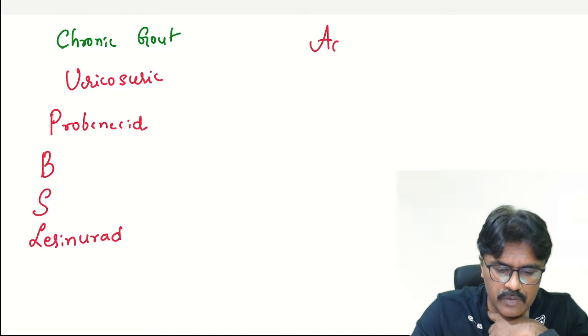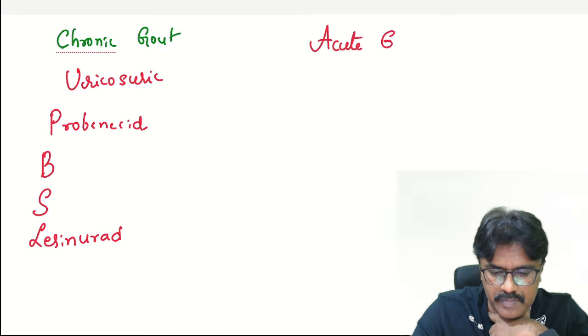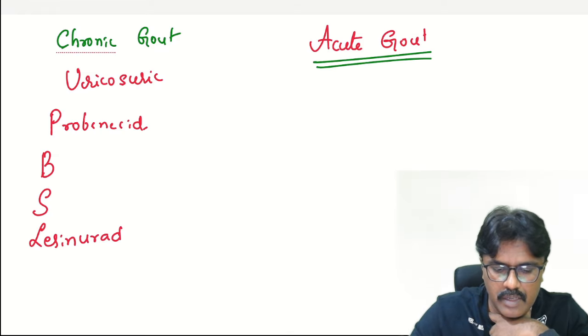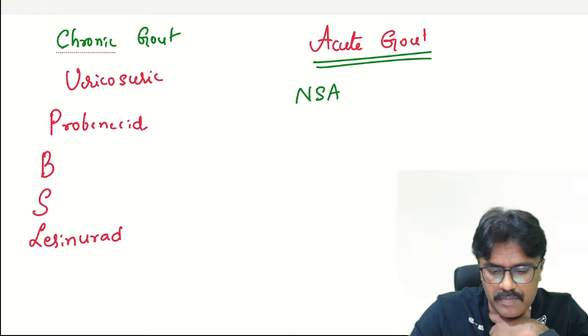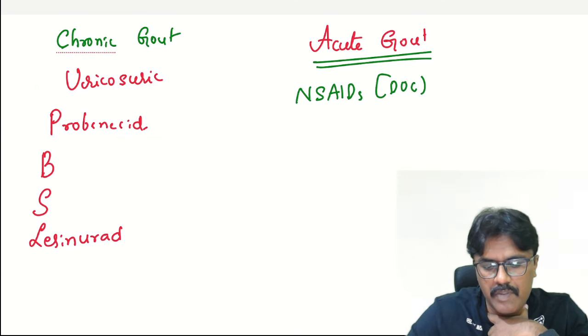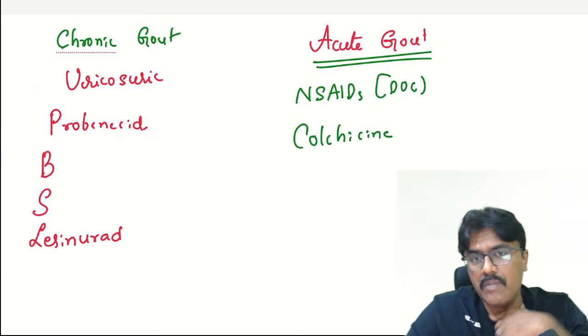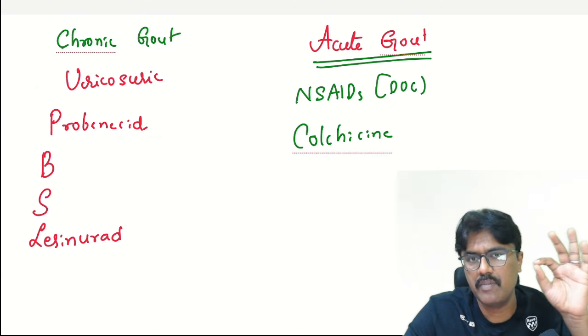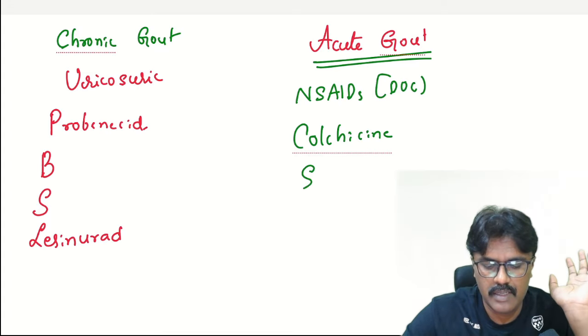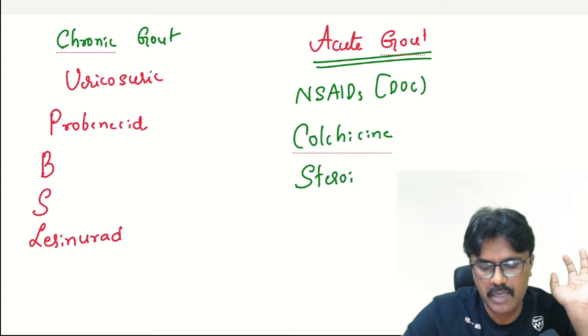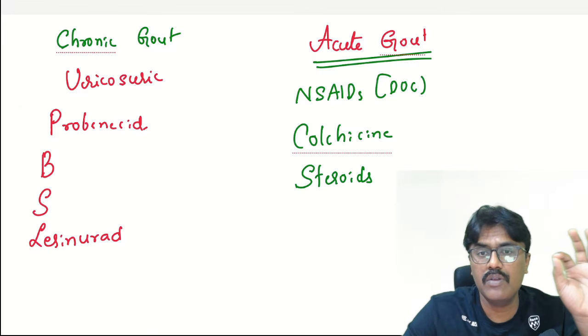What about the drugs for acute gout? For acute gout, the drug of choice are NSAIDs. Apart from that, we can give colchicine. Colchicine inhibits microtubules and inhibits neutrophil chemotaxis. Rarely we use steroids, and if you are giving steroid, we give it into the joint, intra-articular.